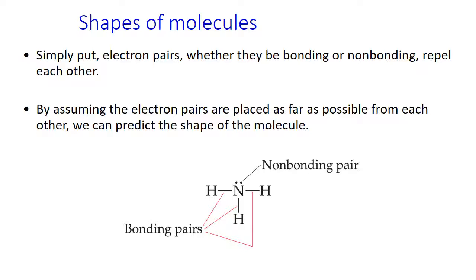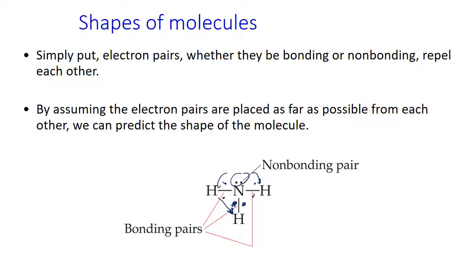If we look at the example here of ammonia, we have these bonding pairs of electrons here, and we also have this non-bonding pair. This non-bonding pair is going to start repelling the bonding pair between the nitrogen and hydrogen single bond, and it's going to start pushing it down. But then that's going to start repelling against these 2 electrons here.